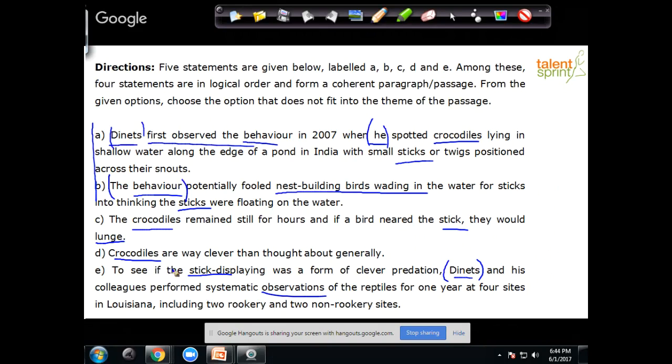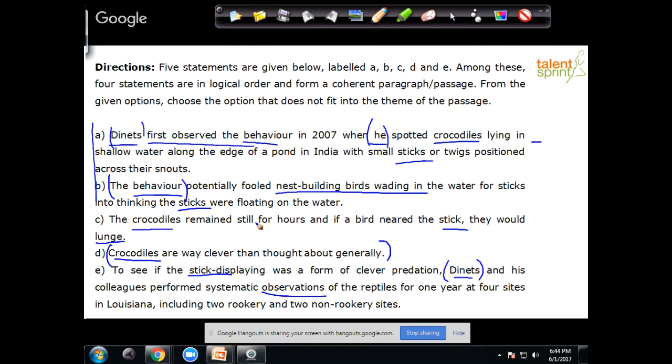Now D says crocodiles are way more clever than thought generally. Now this seems like a very generic statement. I have a sequence right now, like a story. So far A, B, and C is almost like a story. He sees the behavior. The behavior is crocodiles having the stick, surrounding when these birds come.